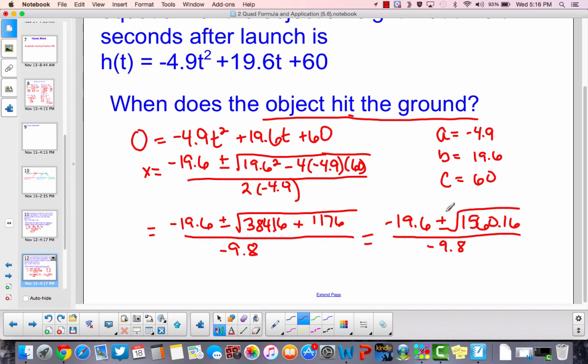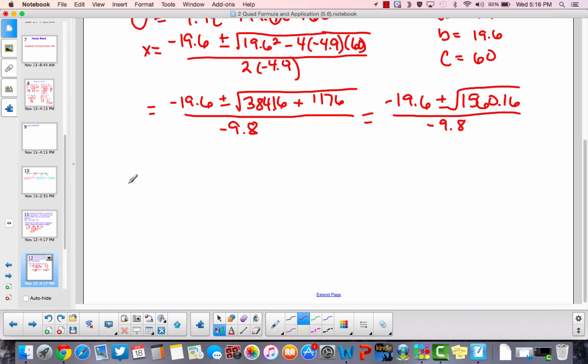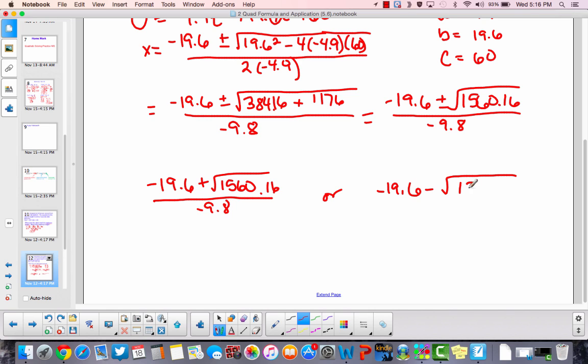Now remember, this gives me two options, so we need to look at that. We're basically just going to plug into our calculator these two options. We're going to get negative 19.6 plus the square root of 1,560.16 over negative 9.8, or we're going to have negative 19.6 minus the square root of 1,560.16 over negative 9.8. Okay, so plug this into your calculator and see what you get.